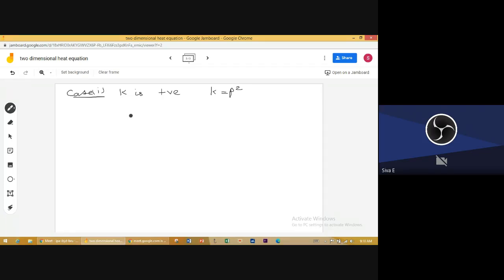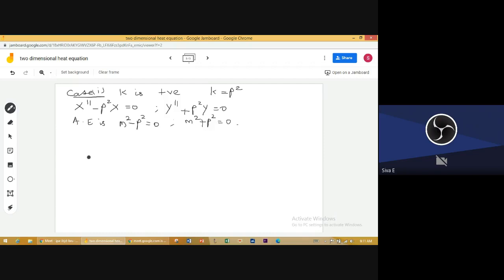Then we get X double dash minus p square X equal to 0, and Y double dash plus p square Y equal to 0. What is the auxiliary equation here? The auxiliary equations are m square minus p square equal to 0 and m square plus p square equal to 0.